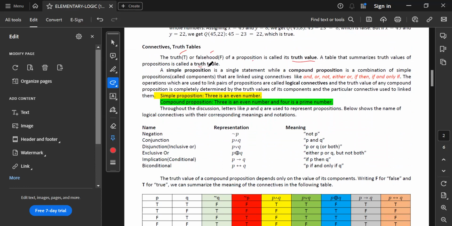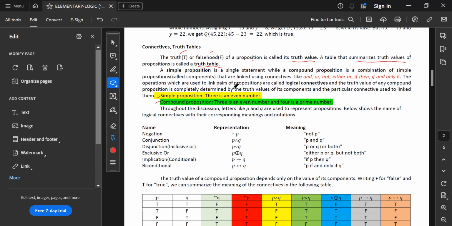And a truth table is a table that summarizes the truth values of the propositions. A simple proposition means we only have a single proposition or single idea in a statement. A compound proposition is a combination of two or more propositions. Like this one: 3 is an even number and 4 is a prime.